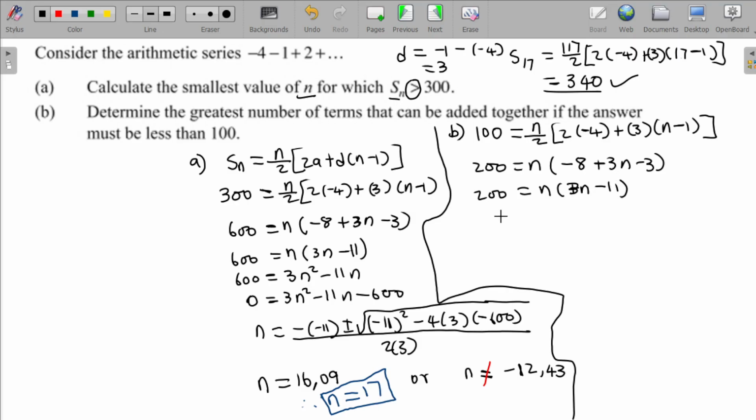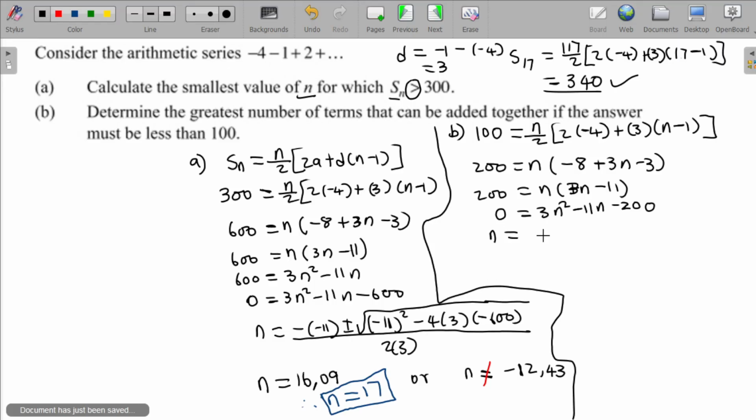Let me just jump this step here. I'm going to say 3n squared minus 11n minus 200. Hopefully you are still on the same page there. I'm jumping a step now. Then from here we go straight to the quadratic formula.